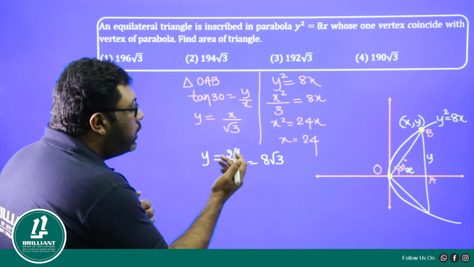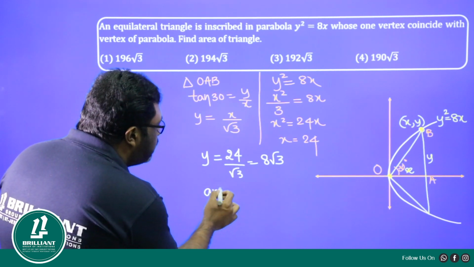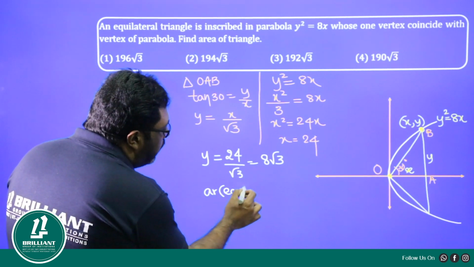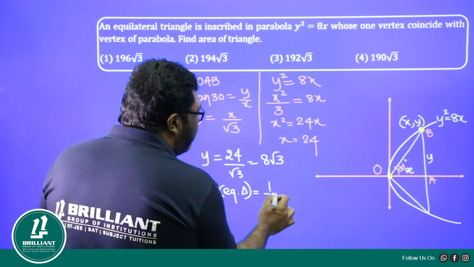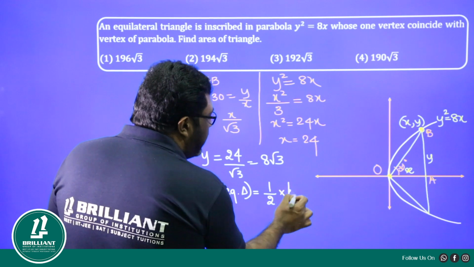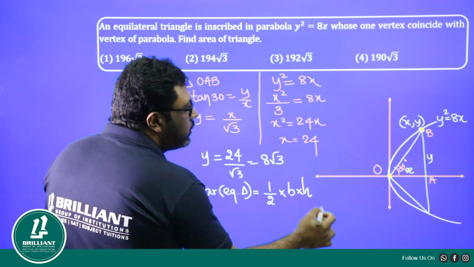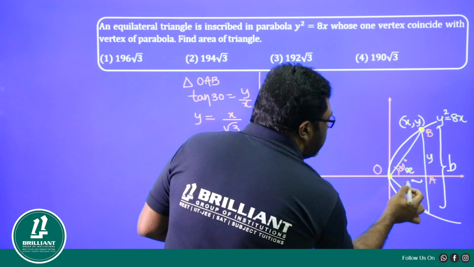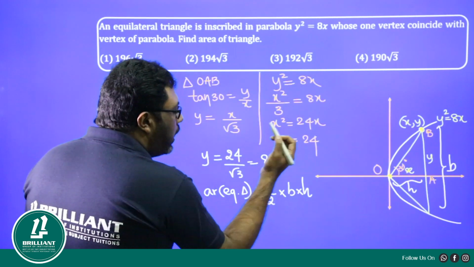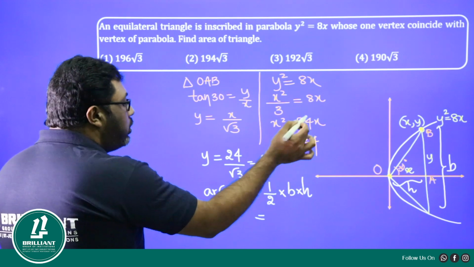So I want the area of the equilateral triangle. Area of the equilateral triangle is equal to, can I say this is like half into base into height. Isn't this the base of the equilateral triangle? Isn't this the height of the equilateral triangle? Height is x, base is 2y.